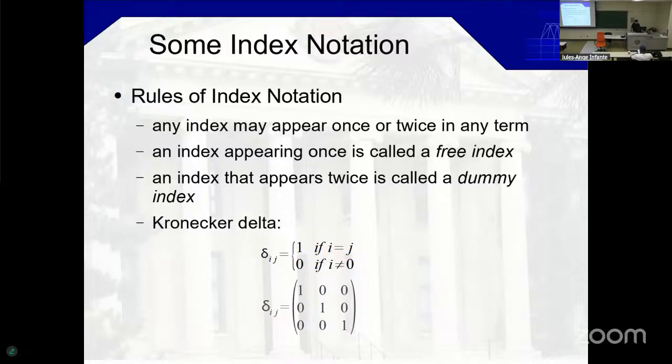You will also encounter the Kronecker delta. The Kronecker delta is a special variable that is basically one if i and j are equal and 0 otherwise. So it basically always will give you a unit matrix.